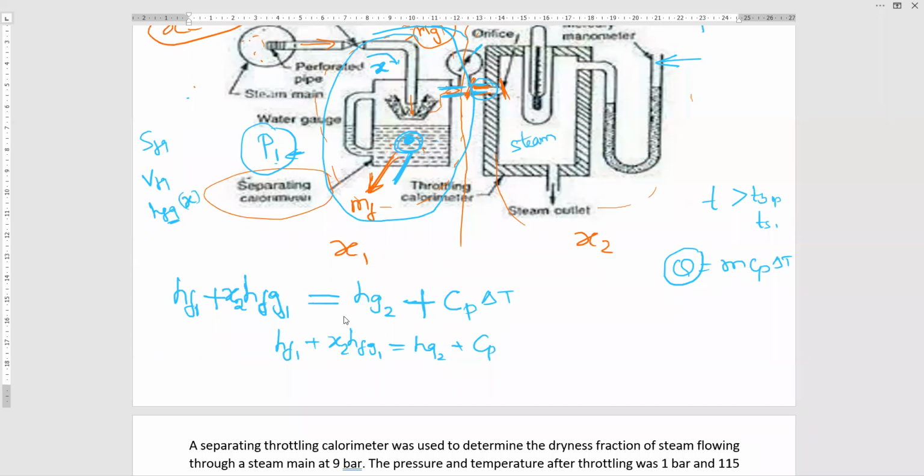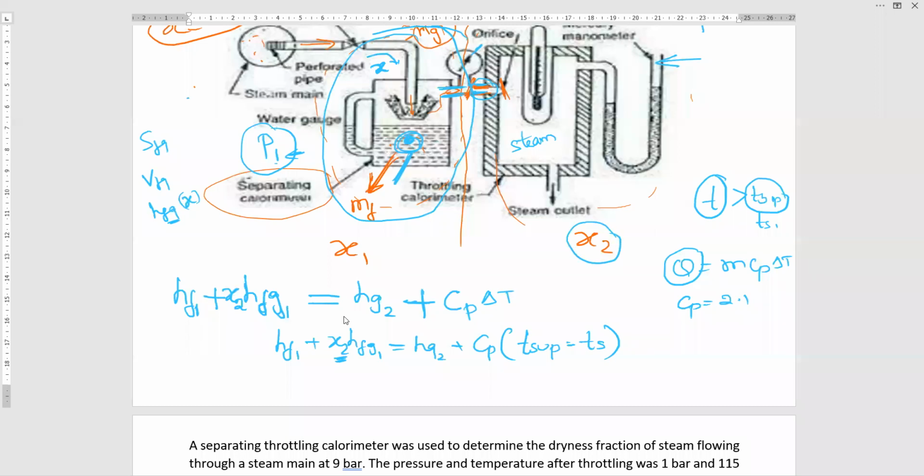If it's not given, remember the value 2.1. It is a standard value. So almost all numericals it will be given. Otherwise, you remember 2.1 into the difference in temperature. Difference in temperature is superheated temperature minus saturation temperature.